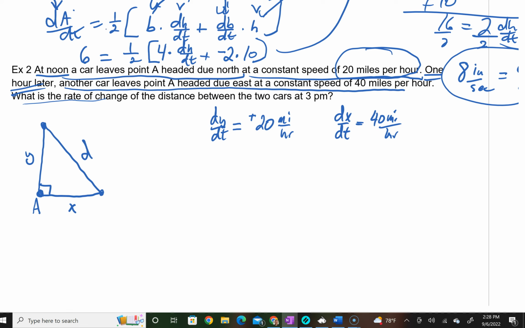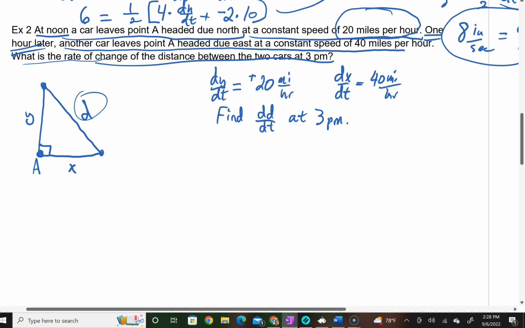I'll call it D at 3 p.m. So find the rate of change of the distance. So really they're saying find, now this is going to sound funny, dD/dt, find how that distance is changing with respect to time at 3 p.m.